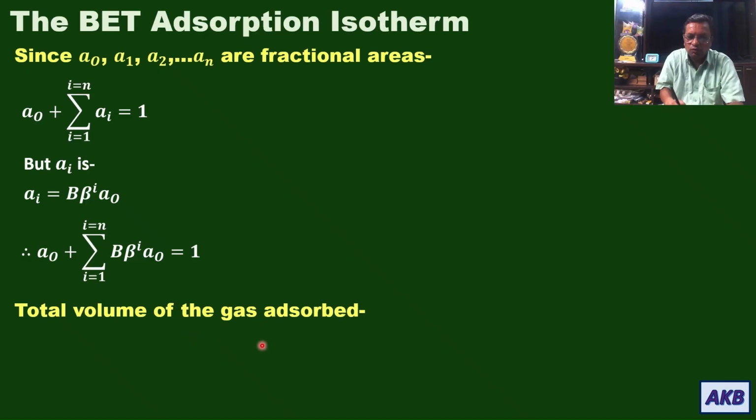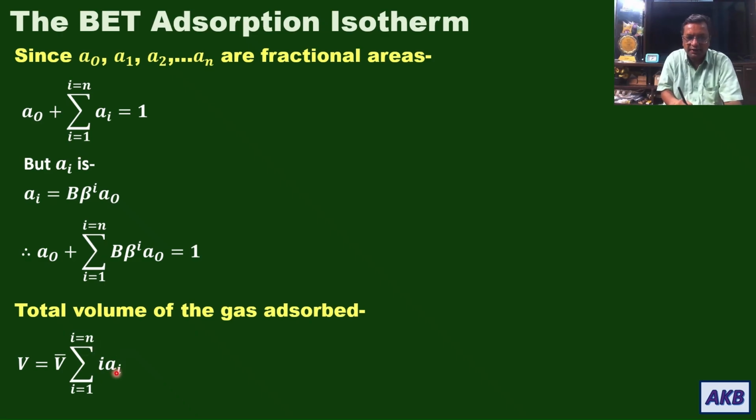Now the total volume of the gas that gets adsorbed you can get from this equation. V, which represents the total volume of the gas adsorbed, is equal to V cap into the summation from i equal to 1 to i equal to n of i into Ai.